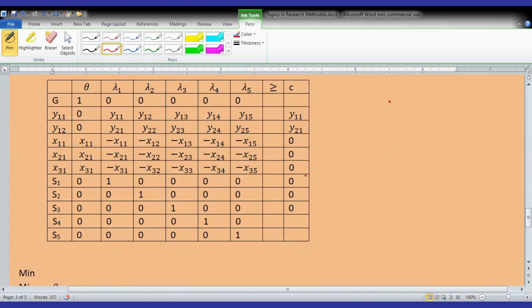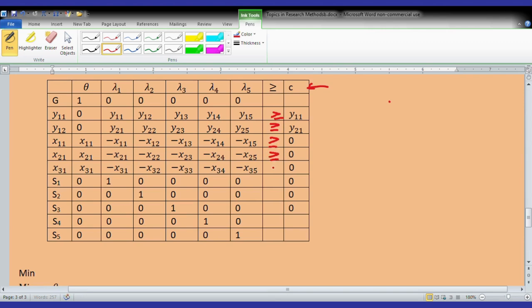See that the 6 dual variables have been indicated in the first row of this table: theta, lambda 1, lambda 2, lambda 3, lambda 4, lambda 5. Then we have all the signs of equal to, greater than here, equal to, greater than here, and so on.